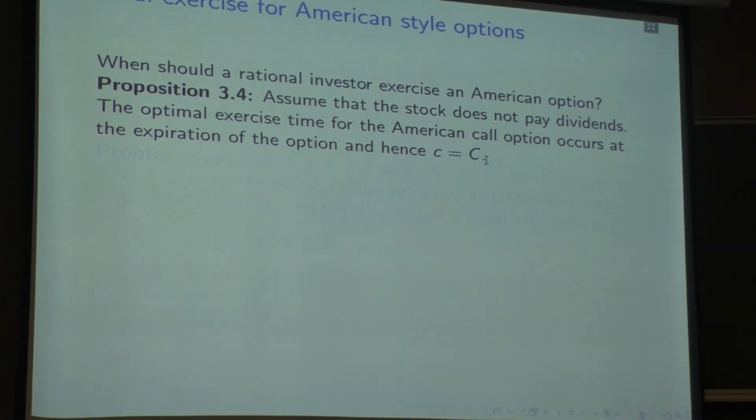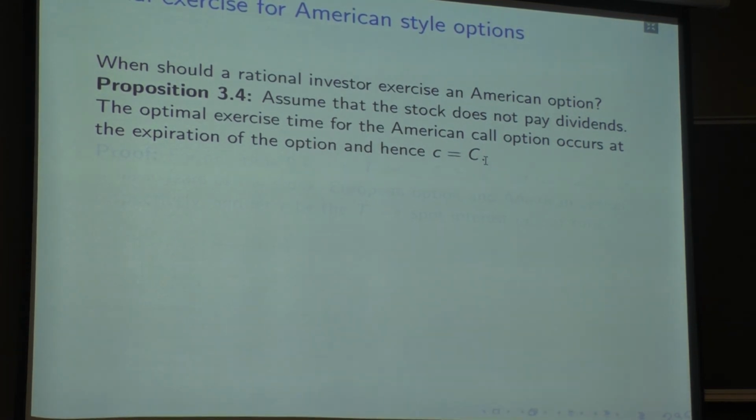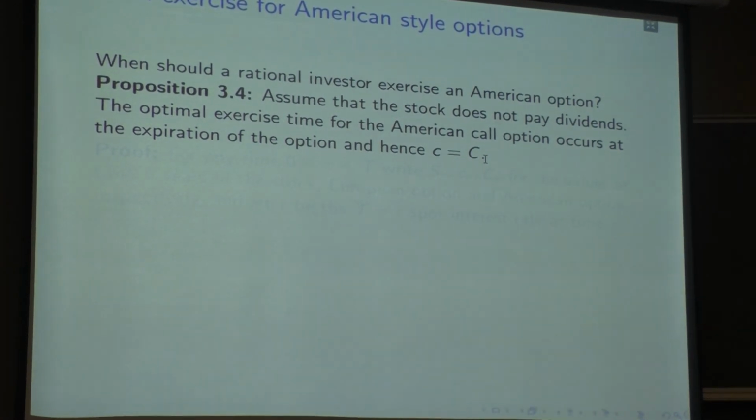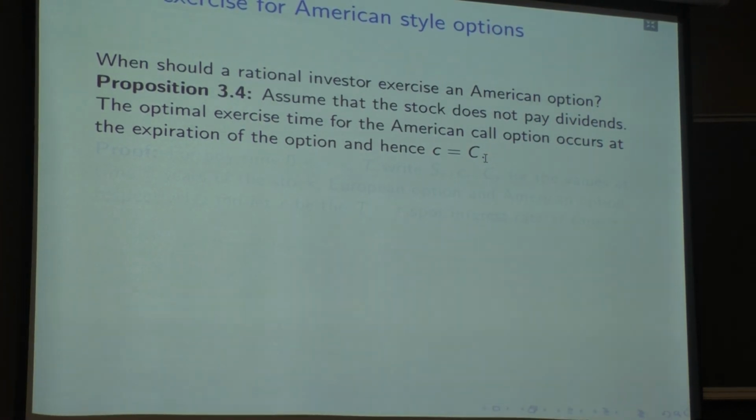And the way we're going to prove this is by convincing you that if you have this American call option, and if you're a rational person, which we're going to assume, then the optimal exercise of this American option. Remember, American options can be exercised at any time between now and expiration, but we're going to prove that the optimal exercise always occurs at expiration.